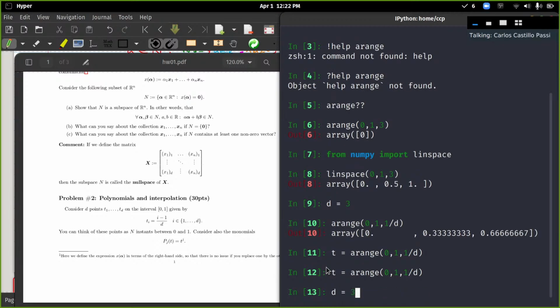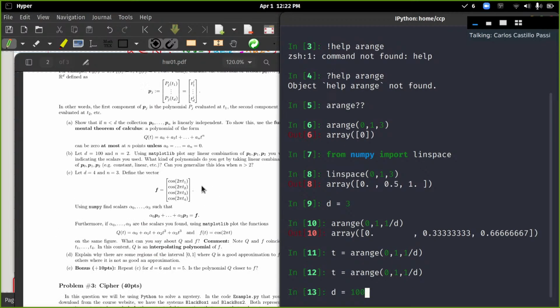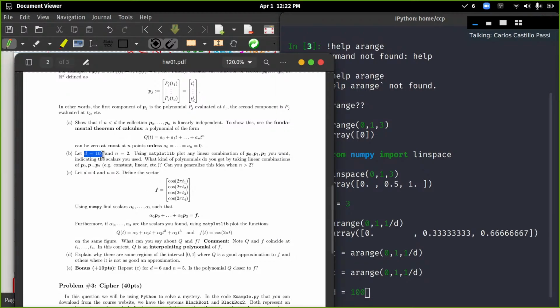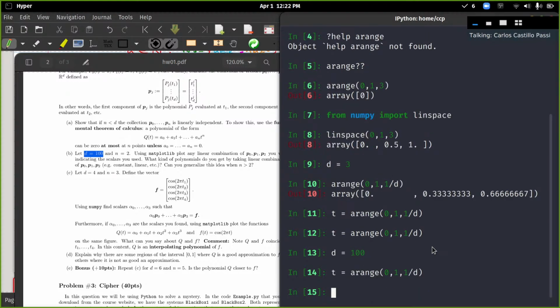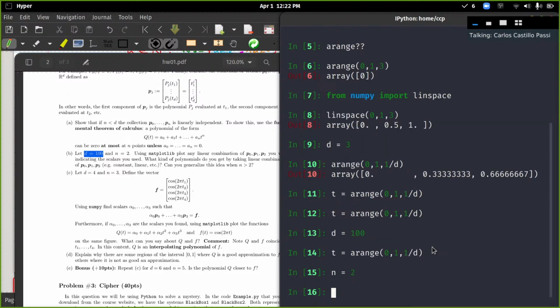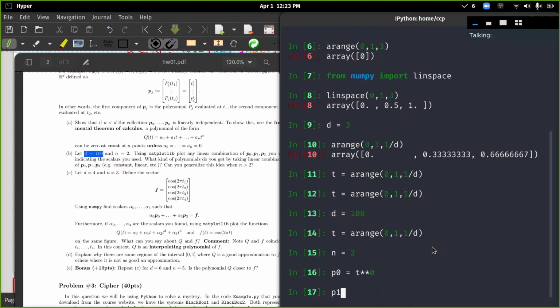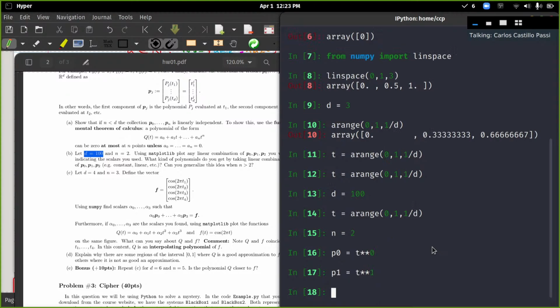So let me change d to 100, because that is what the question is telling us. Then t is equal to this, n equals 2. That means that I need to define p0 equals t raised to the power of 0, P1 is t raised to the power of 1, P2 is equal to t raised to the power of 2.